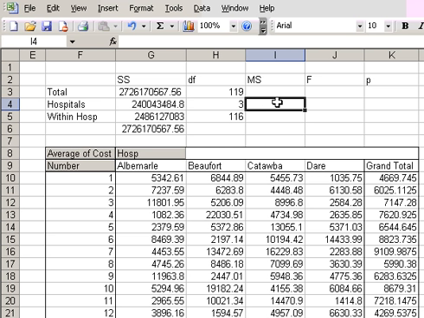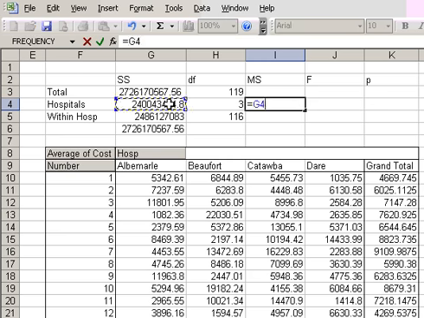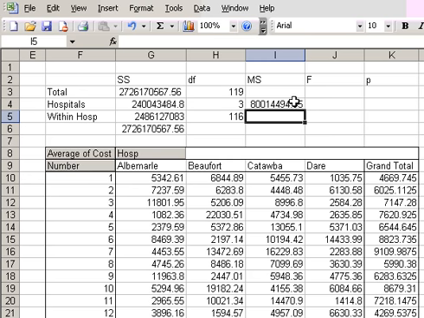So for the mean square for hospitals, I will divide the sums of squares by degrees of freedom, and I will drag the lower right hand corner of cell I4 down to I5, and I now have the mean square, or the average sums of squares across degrees of freedom, for within hospitals.